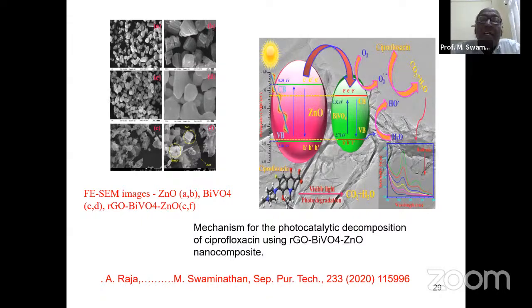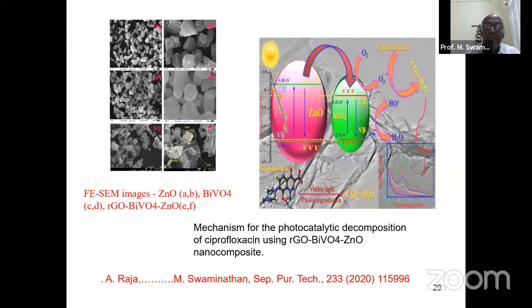So they wanted the degradation of CECs, contaminants of emerging concern. So here this is RGO, that is reduced graphene oxide bismuth vanadate zinc oxide nano composite, used for the degradation of ciprofloxacin.